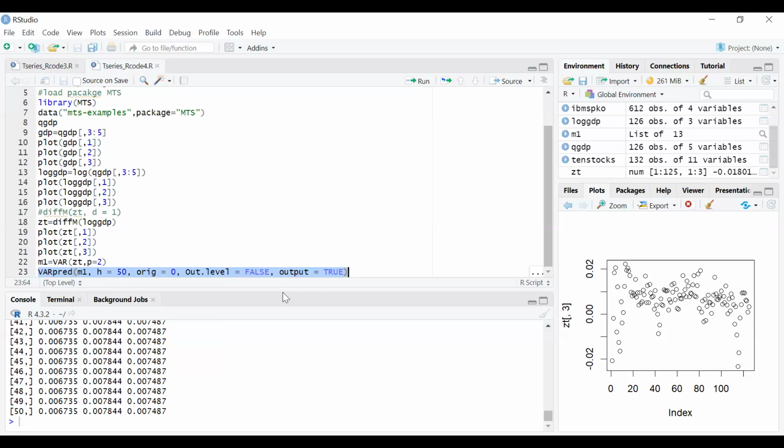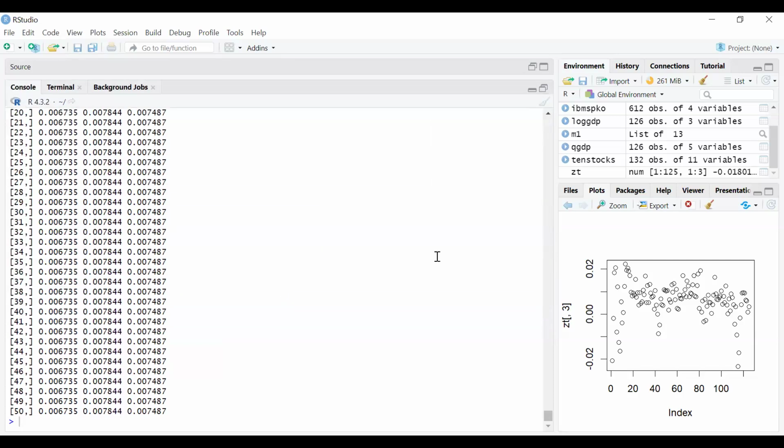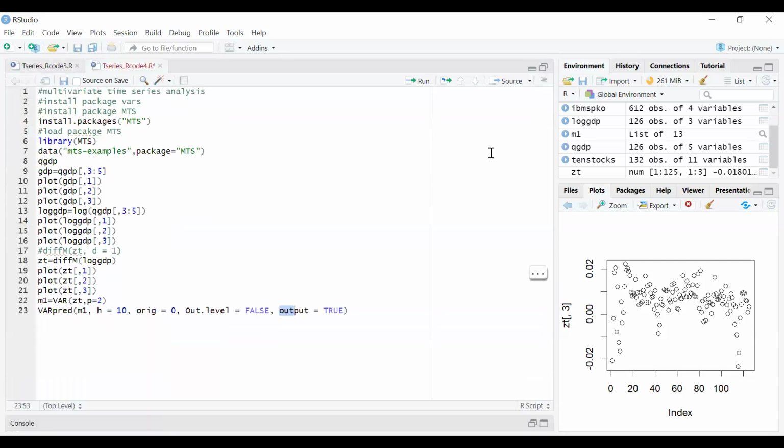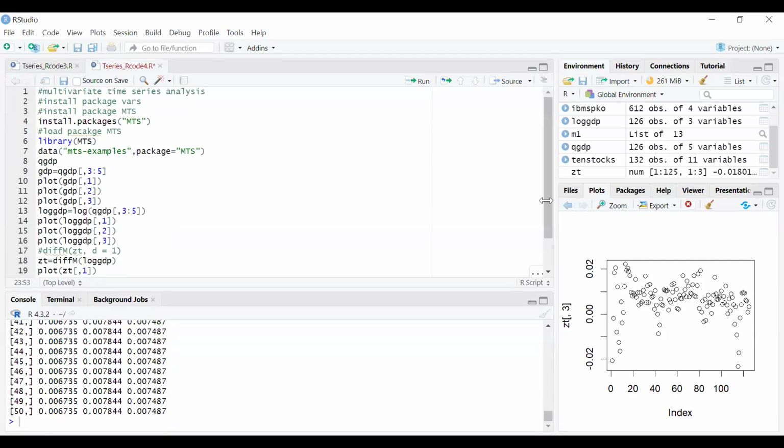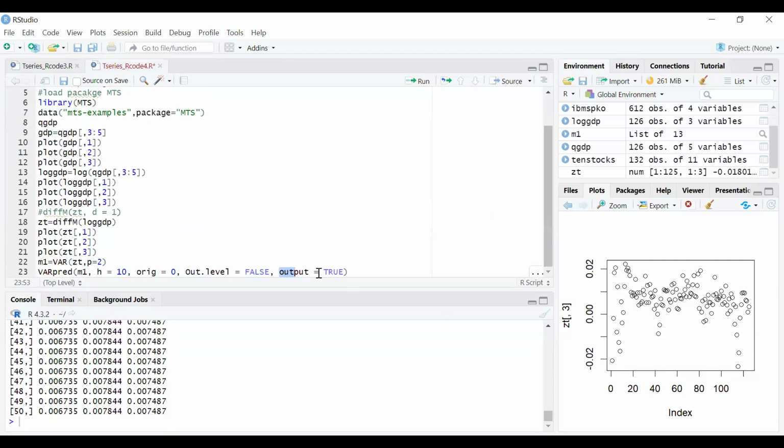The meaning of the command VAR pred M1, H is 50, is that I am predicting for the next 50 quarters. If you just want to predict for the next 10 quarters, you can just change it to 10 and then execute. There you will get forecast values for 10 quarters.